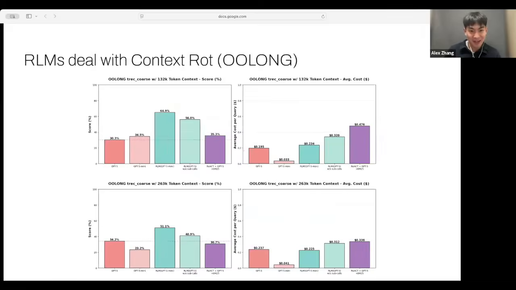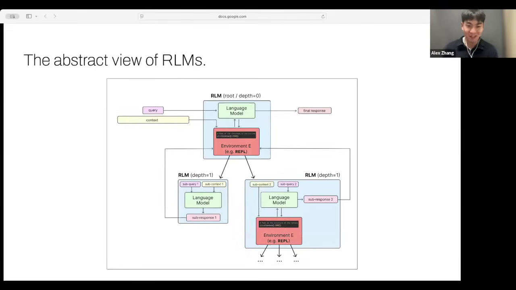Let me go back to here. Okay. And I hope this diagram isn't too confusing, because if it is, it means I need to redo the diagram. So a recursive language model, or the entire idea behind this blog post and this method, you can think of it like a wrapper on top of a language model.